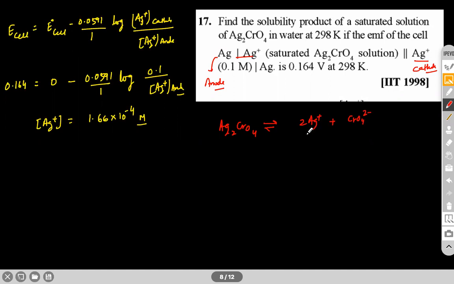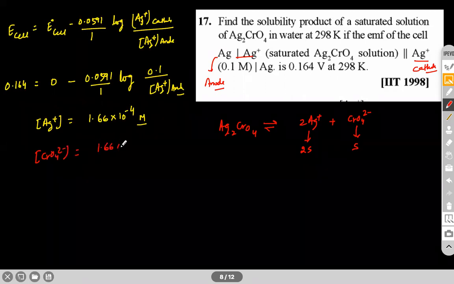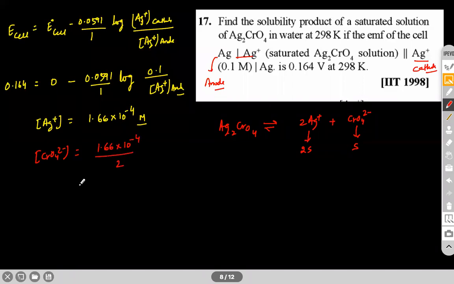The concentration of this is 2S, which is given here. We have already calculated this, and this is S. So the concentration of CrO4 2- will be half of this, divided by 2.